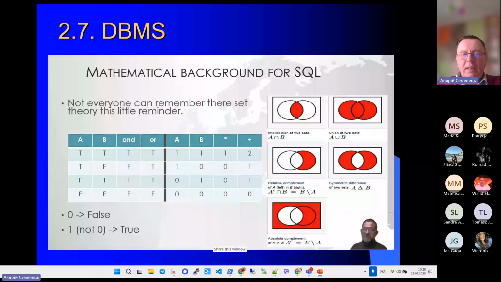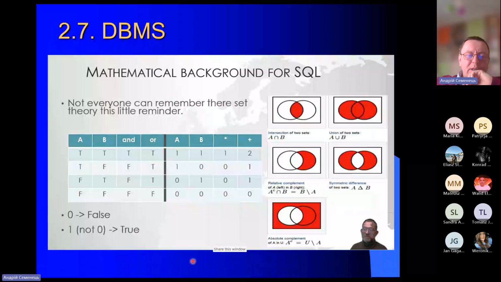And here we have again the relationship between the relational algebra background and how it relates to algebra logic and truth tables. So the things I spoke about when I discussed formalization and formal logic are also true for SQL, because it's all based on relational algebra.